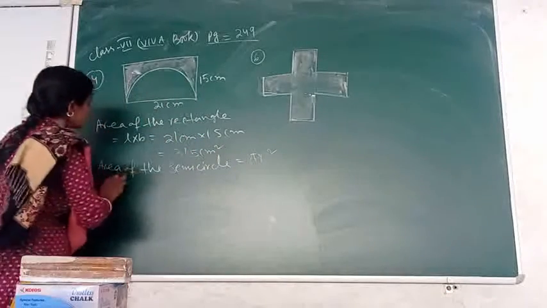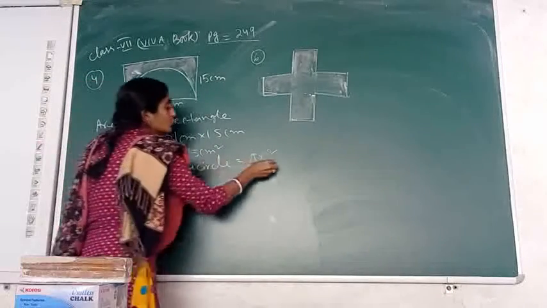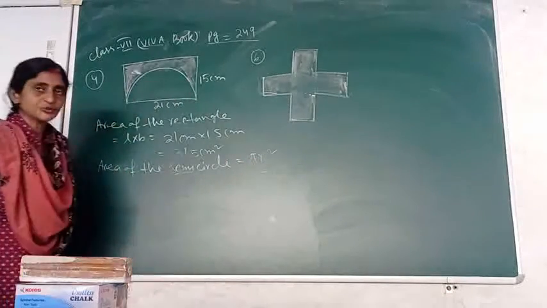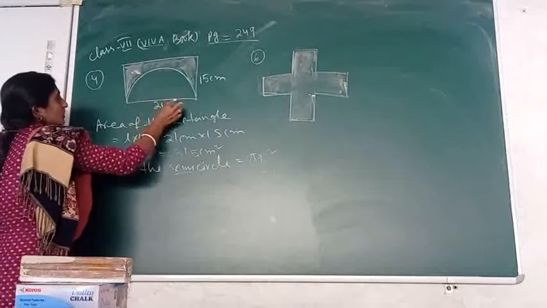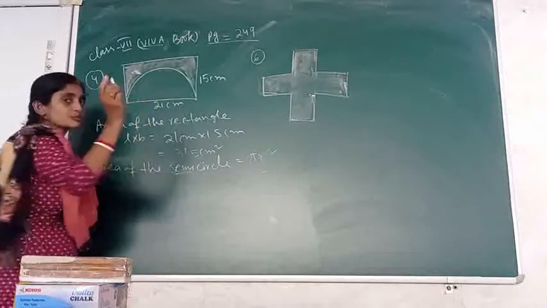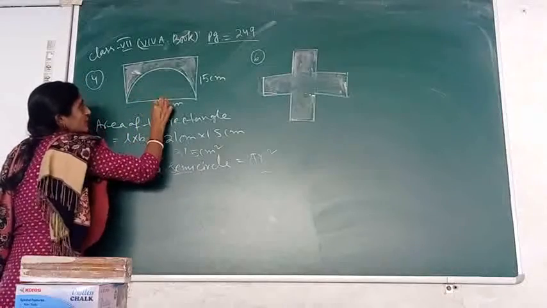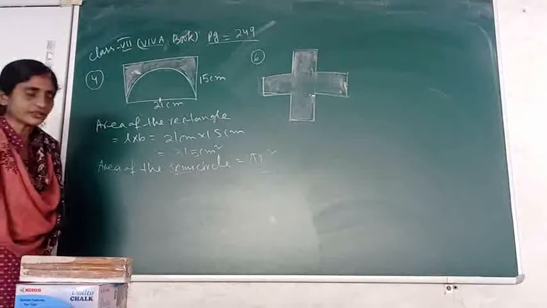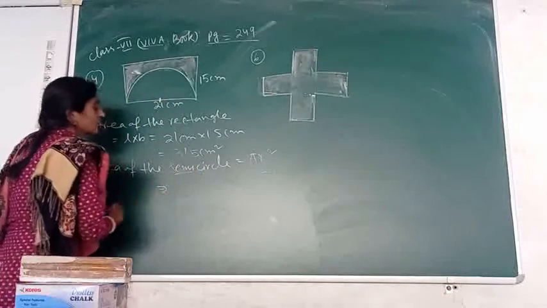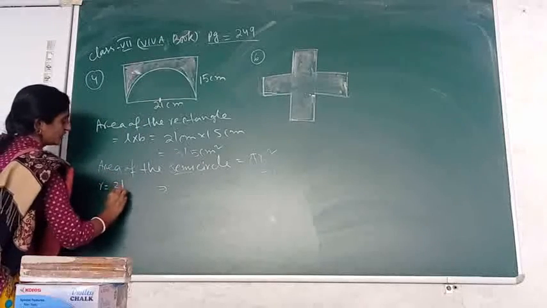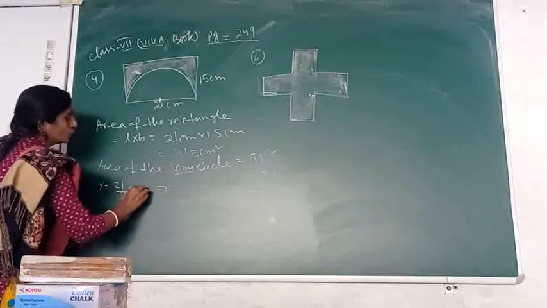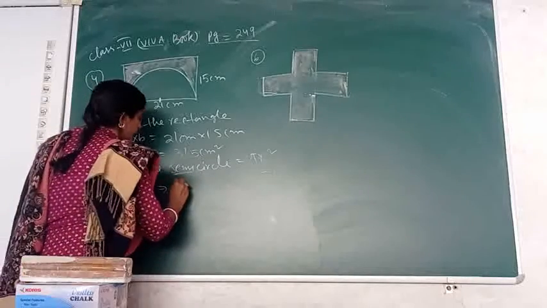But as we are asking for the semicircle, so it will be half of that, that means it is by 2. And now the 21 cm, this is the diameter of that circle. So here for radius we are going to consider the half of that. So let's find out the area of this semicircle, whereas r, that means radius, will be 21 by 2 centimeter.